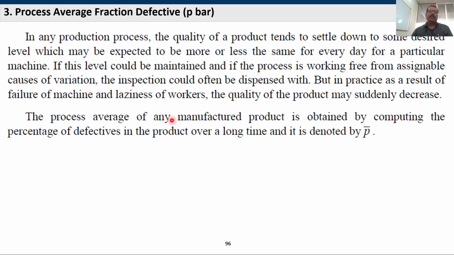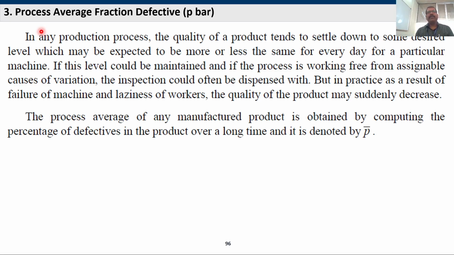For example, in any production process, the quality of product tends to settle down to some desired level, which may be expected to be more or less the same every day for a particular machine. So on a particular machine, if you are doing continuous machining, it will always produce almost the same. Initially, once you install a machine and start running and producing components, it tends to vary more.